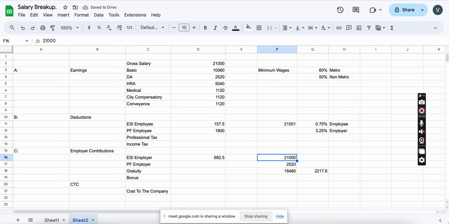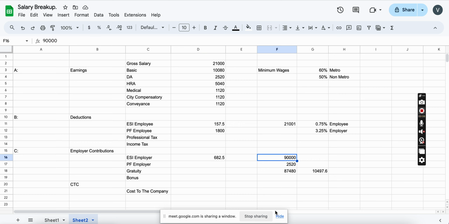If somebody's salary is, say, 90,000, then a PF of 10,000 rupees, obviously nobody will agree, right? So that's when there is a rule that if gross minus HRA is more than 15,000, then the maximum PF will be 1,800. Salary can be anything, but the PF contribution from the employee will be 1,800 only.